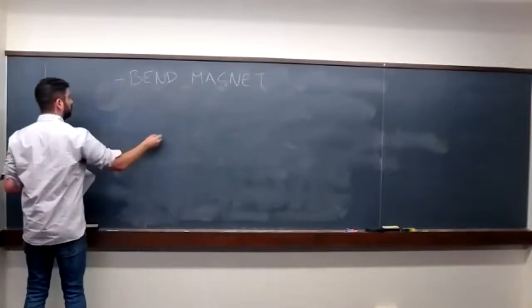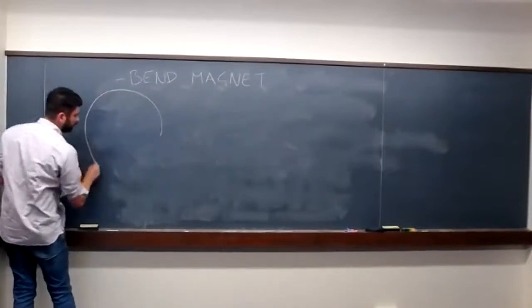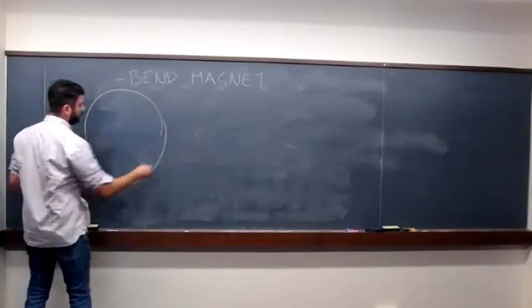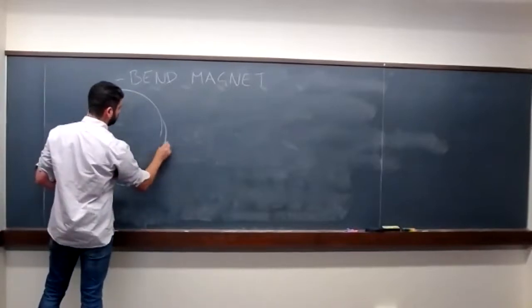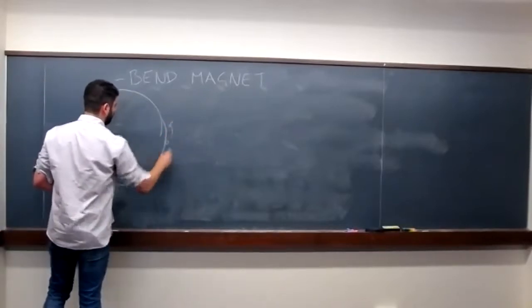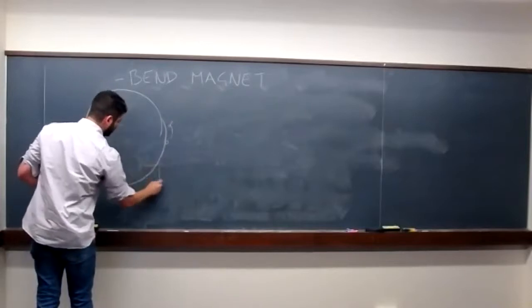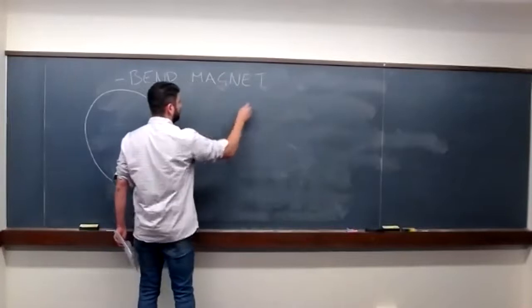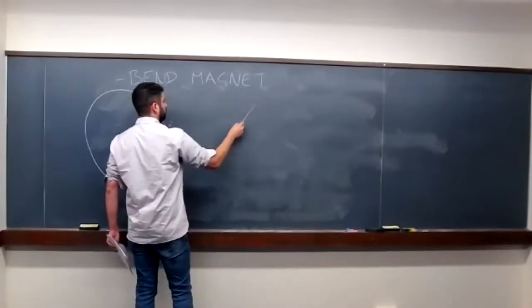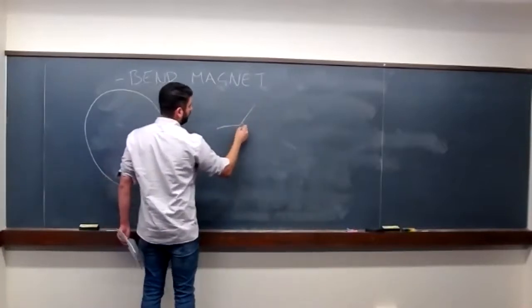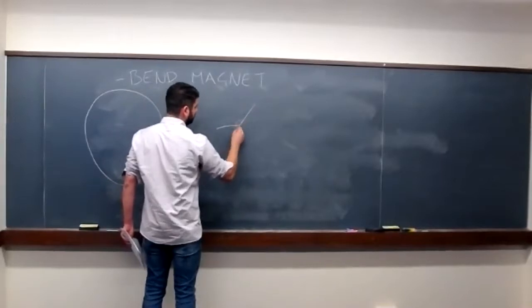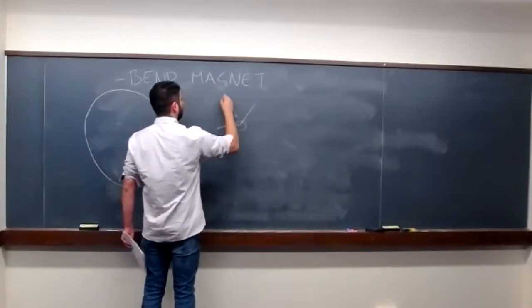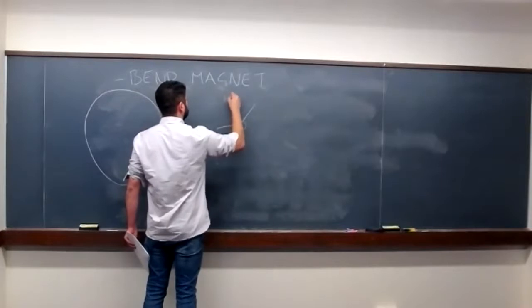I've said that the particles go around a ring. But in reality, if we zoom in on a little piece of the ring, what we'll actually find is that the ring is made up of straight sections and bends. And at each of these bends, there's a bend magnet.